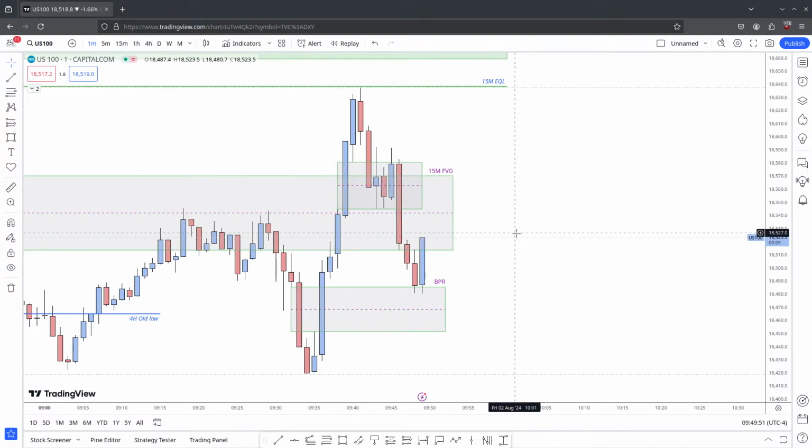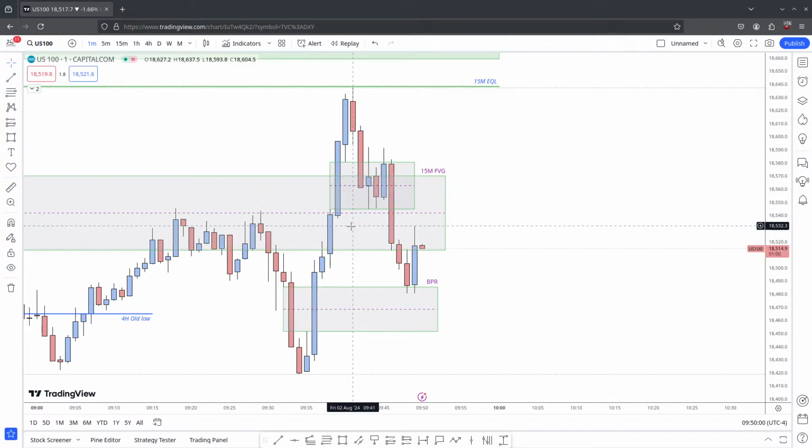Usually, price will reject the breaker block. Okay, it's going to trade into that breaker block, fair value gap slash order block. It's going to have a propulsion move higher.